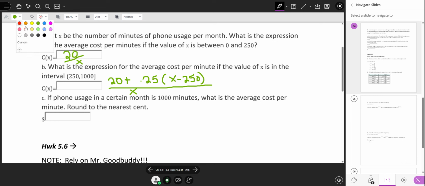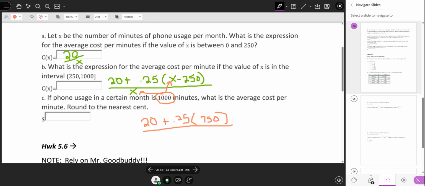And now, are you ready? Everywhere x is, put 1,000. So 20 plus 0.25, and 1,000 minus 250 is 750, divided by 1,000.